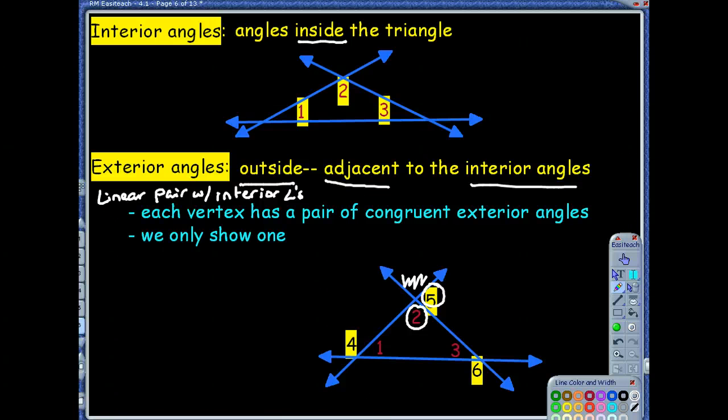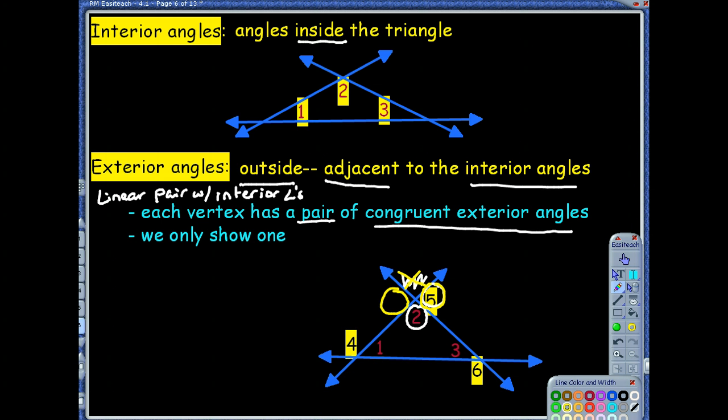Now, each vertex has a pair of congruent exterior angles, right? Yeah, because when you think exterior, the first thing you think is outside, and I see 3 angles that are technically outside. And Ms. Hochgraby mentioned that the one vertical to the interior is never what you're going to use because it has to be adjacent to it. Right.